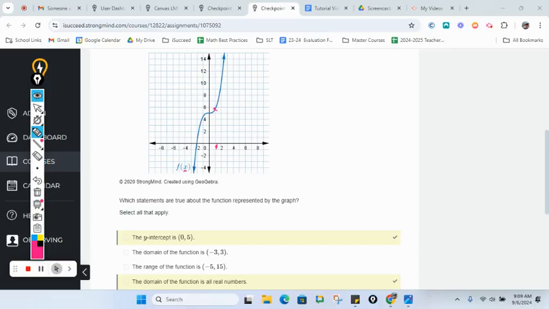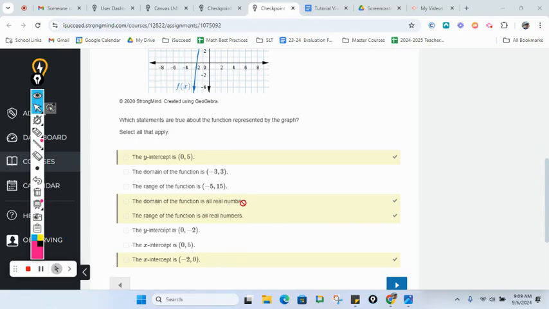So I scan along this x-axis or along this graph and ask, is there a number that won't work? It can be a fraction, a tiny little number right here, and it still works. It can be a negative number and it still works. In fact, this graph keeps going on forever, so I think it's going to work forever. And that's exactly what the domain is. It's all of them. So the domain is all real numbers.